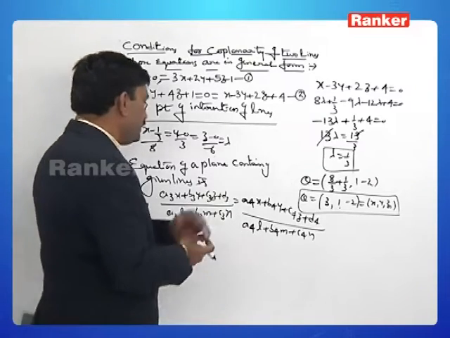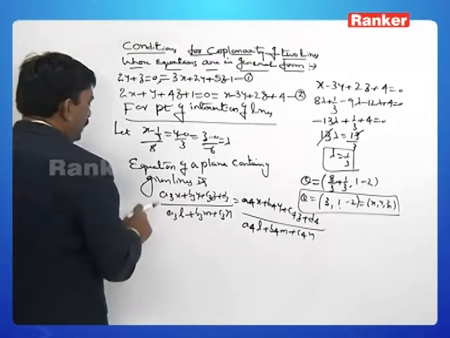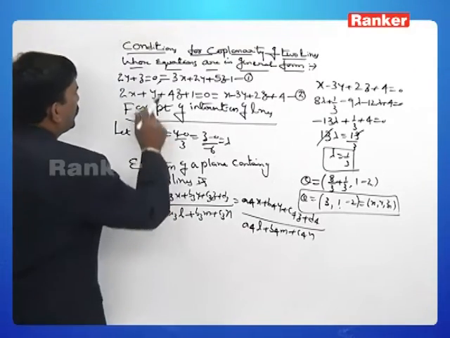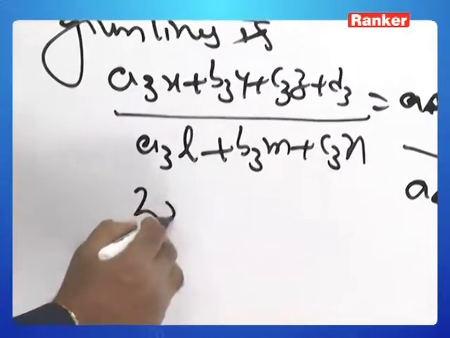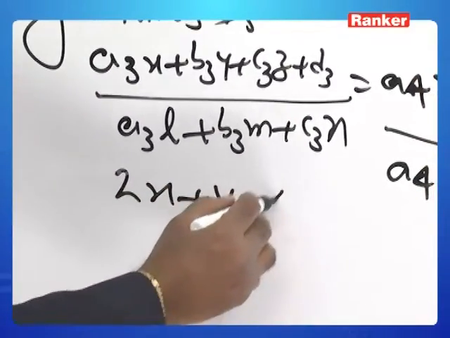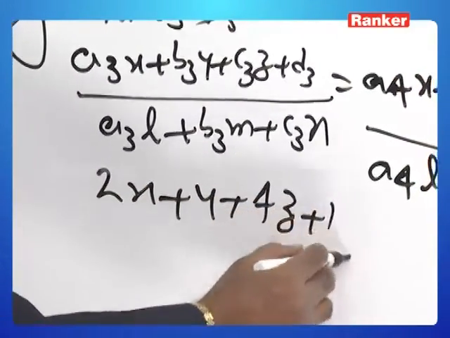Now coming to this one, a3x is 2x plus y plus 4z plus 1.